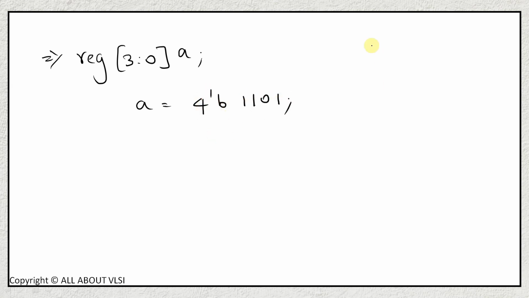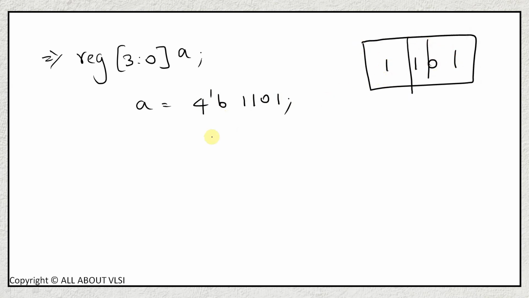So let's say we have declared reg 3 down to 0 a, and we are simply storing a is equal to 4 tick binary 1101. So this will be your vector 1101. This is your MSB and this is your LSB.